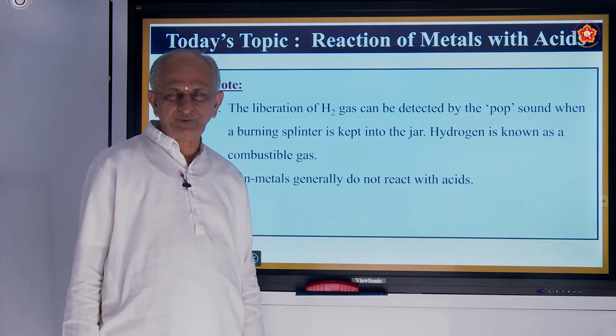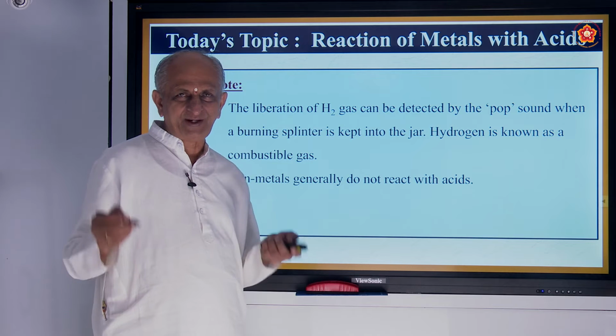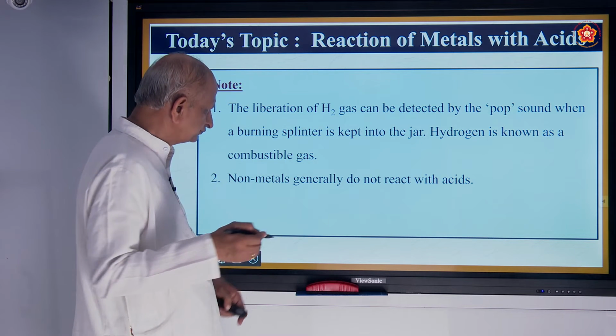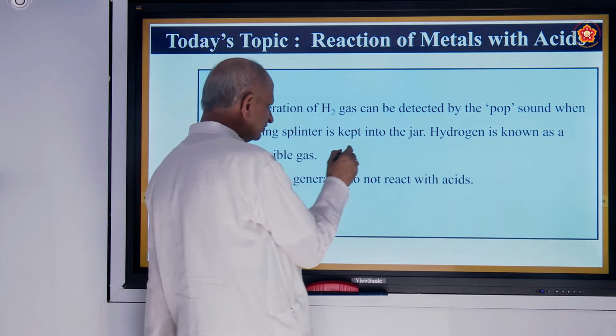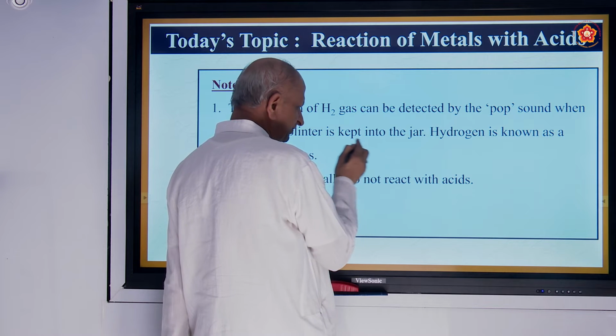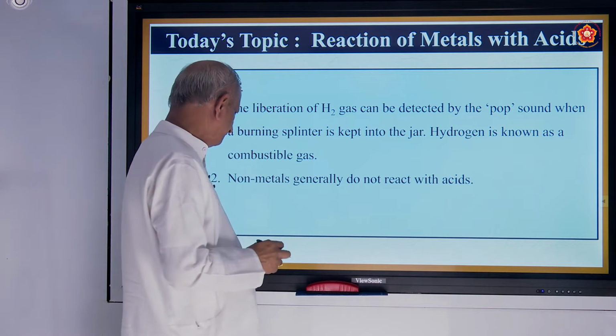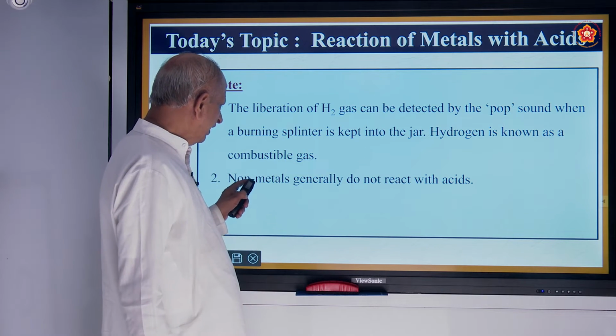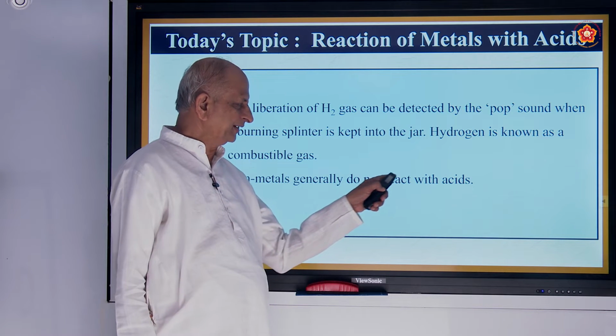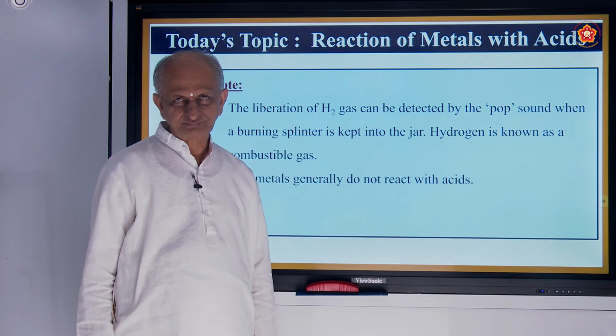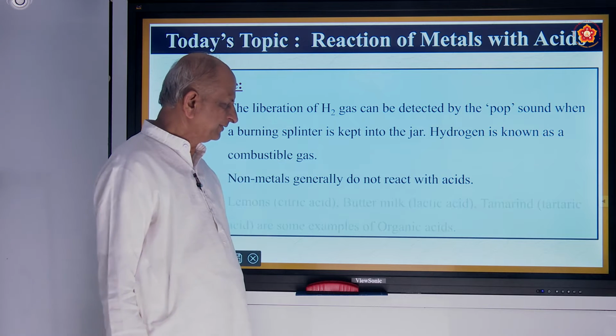What does combustible mean? Catches fire of its own accord. And there is one more gas called supporter of combustion. Oxygen is a supporter of combustion. Non-metals generally do not react with acids, only special cases.